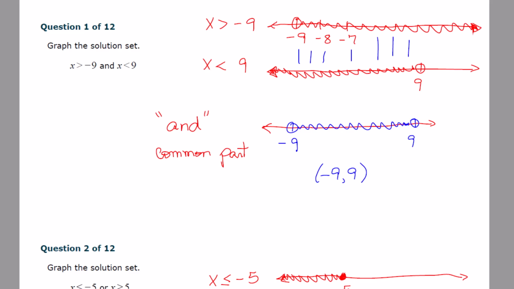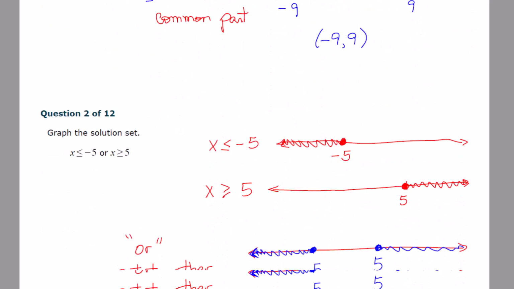And then I see this word, and. That means I need to find out what is in common between these two things. Well, let's see. All of this stuff in here is in common, all the way up to minus 9 and 9, which I can write in interval notation that way.